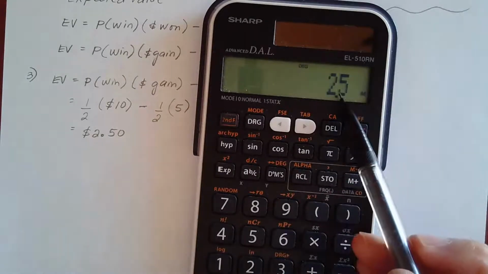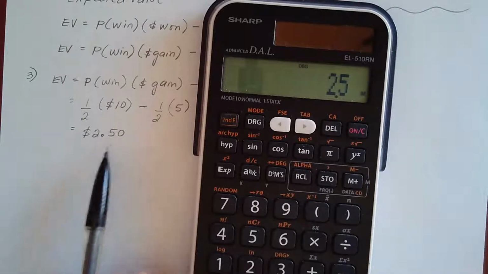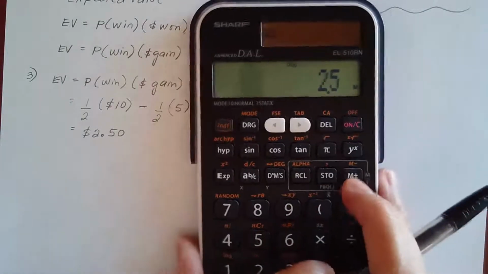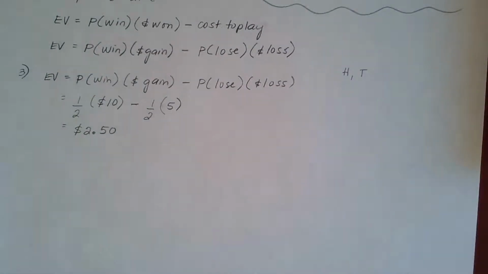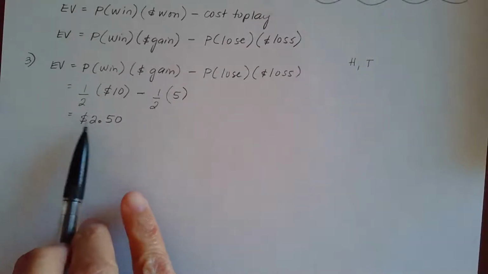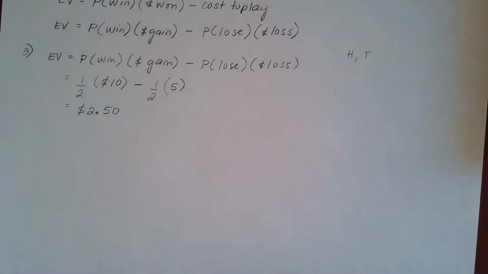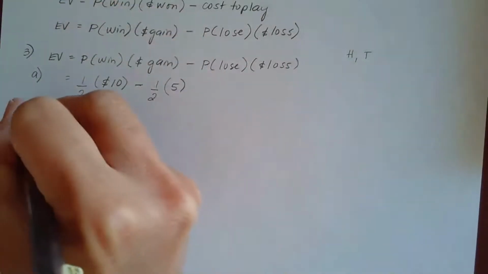And then I get 2.5. Now, why did I put 2.50 in here? Because this is the expected value of gaining. We're talking about money gained in here. So we're going to put a dollar sign at the front and 2 decimal places after. So $2.50. So that's letter A.